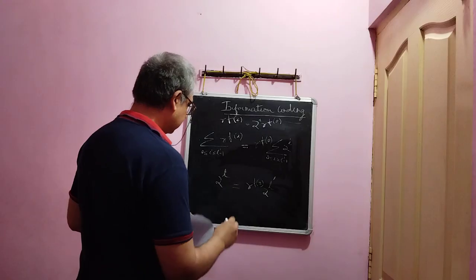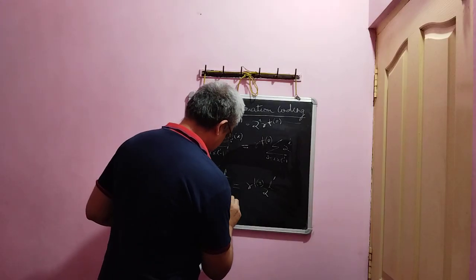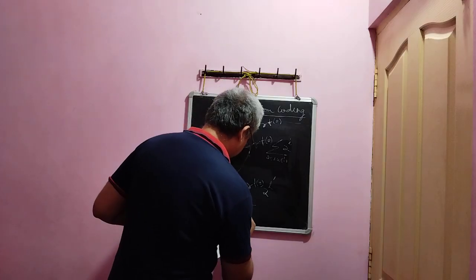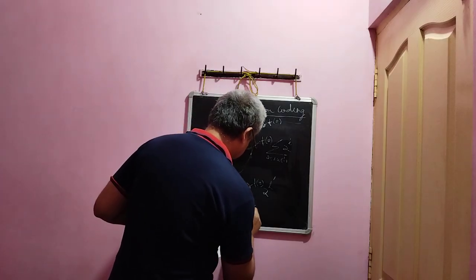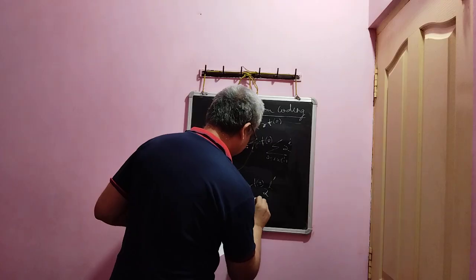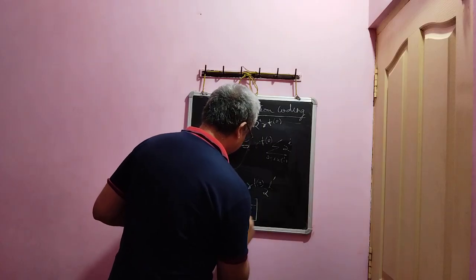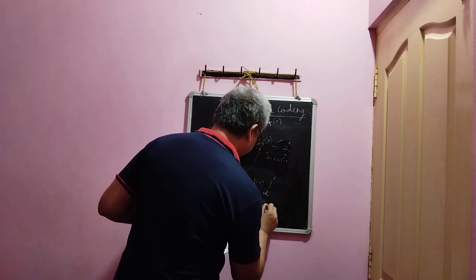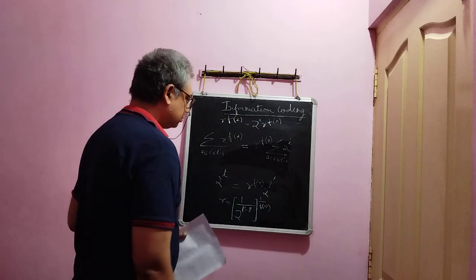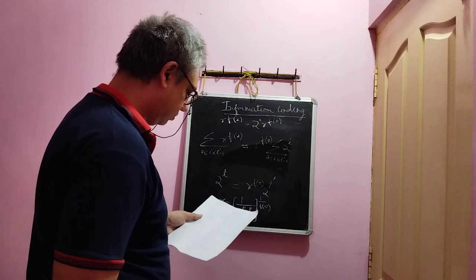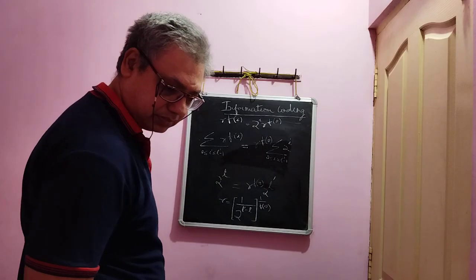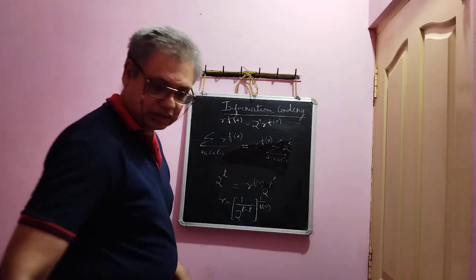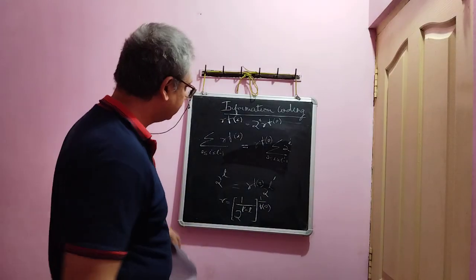That gives you r is equal to 1 by 2 power L dash minus L, whole power 1 by f of 0. Right, so this is what r comes out to, depending on the definition for f of 0.